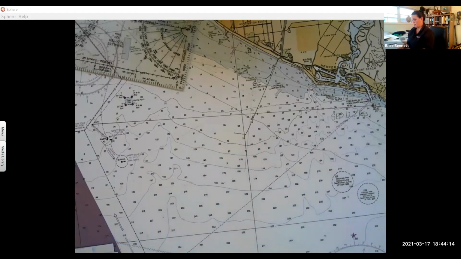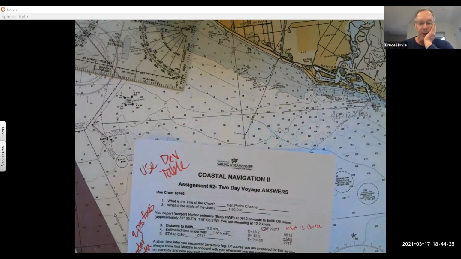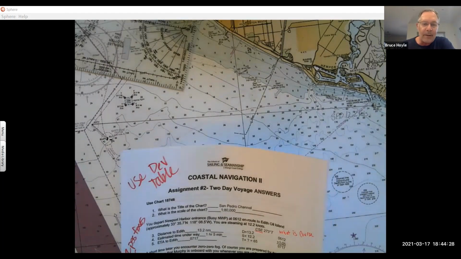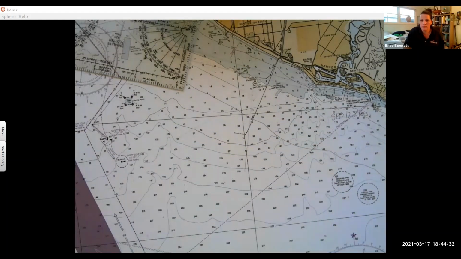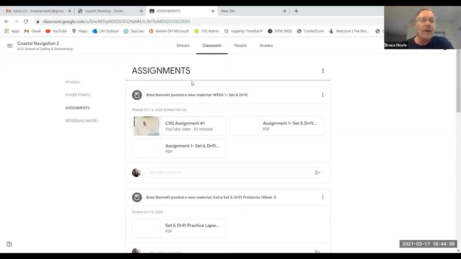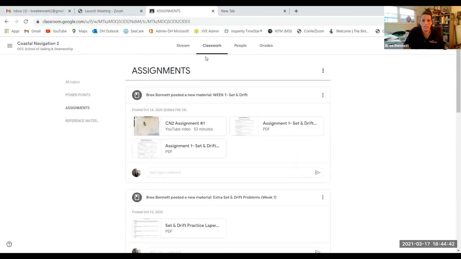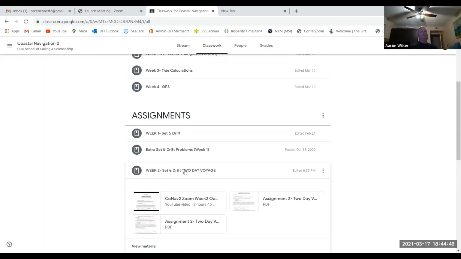So, Bree, I'm sorry, I'm kind of stuck here. I can't find these questions. I'm finding all the ones regarding the other chart from the East Coast, not these ones. So I'm looking through the classwork and I don't know where they are. Aren't they on the assignments? Let me go to classwork. Assignments week 2.